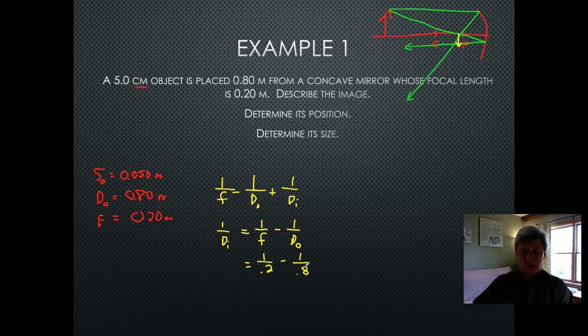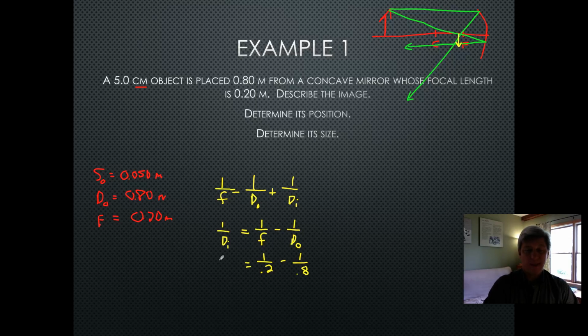And if we look at this mathematically, 1 divided by 0.2 minus 1 divided by 0.8. And that's going to give me a value of 3.75.